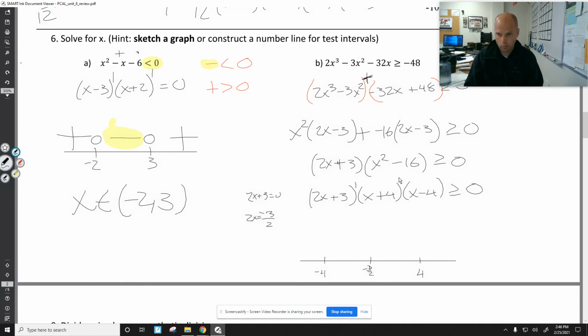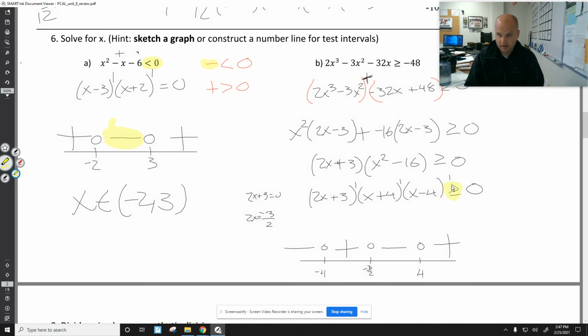Multiplicities are 1, 1, 1. If we know the sign here, we know the signs are going to change around these zeros. These are zeros, and I'm indicating that they're zeros. This is important. To the right of 4, positive, positive, positive, change signs. Boom, boom, boom, boom. I know that for a fact because of the multiplicities.